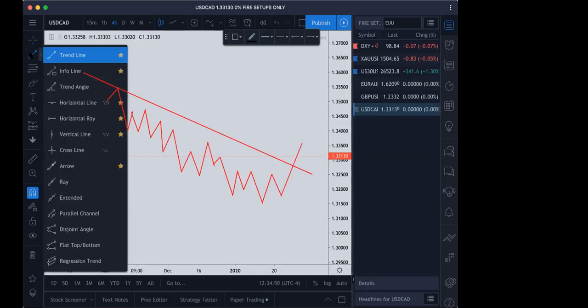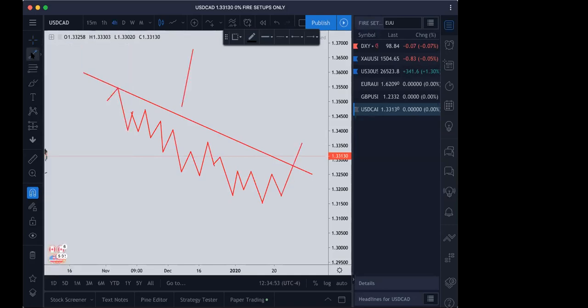Okay, so this trend line is the bigger time frame. So let's try to draw another trend line and try to show me the patterns.